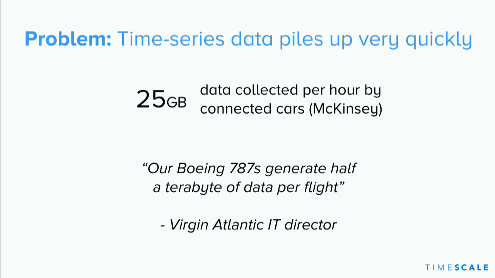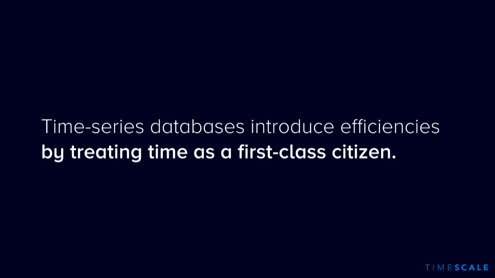And Boeing's 787s generate half a terabyte per flight. That's quite a bit of data. What time series databases do is introduce efficiencies to tackle this problem by constraining the problem to time series data, efficiencies that you don't have in normal databases.